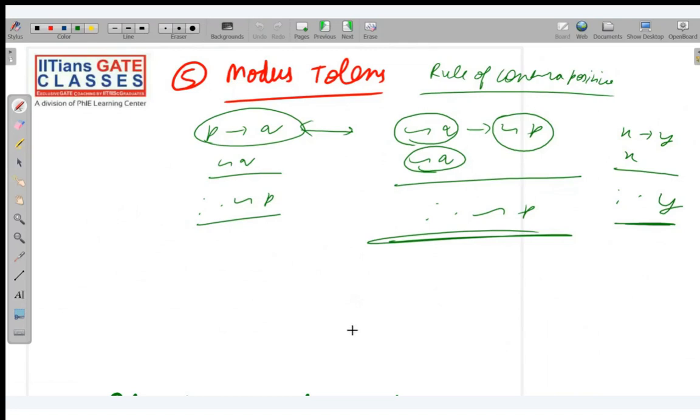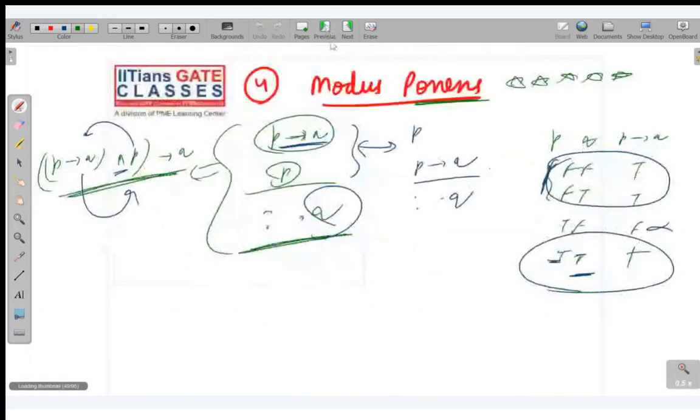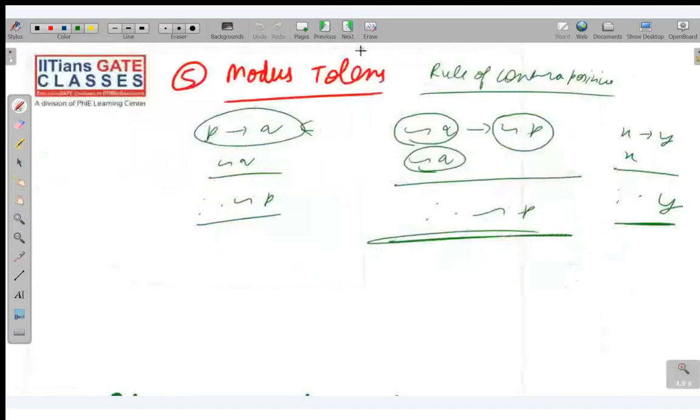So I have shown that modus tollens and modus ponens, their proofs are similar. Actually, they are not the same. Modus ponens is P implies Q, P, therefore Q. And modus tollens is P implies Q, not Q, therefore not P. And I have proved modus tollens with the help of modus ponens only.